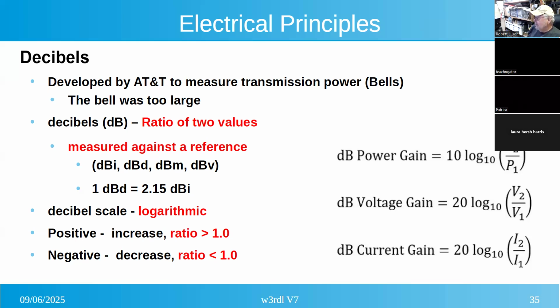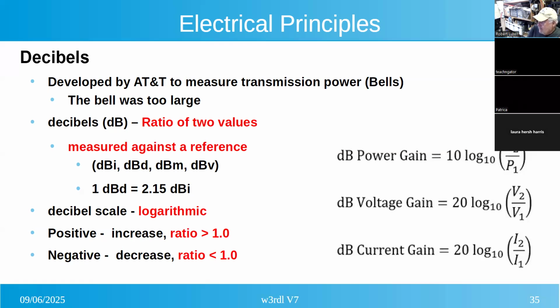The log of 2 is 0.301, so 10 times that would be 3 dB. That's one of the main things you need to remember: a ratio of 2 is 3 dB.